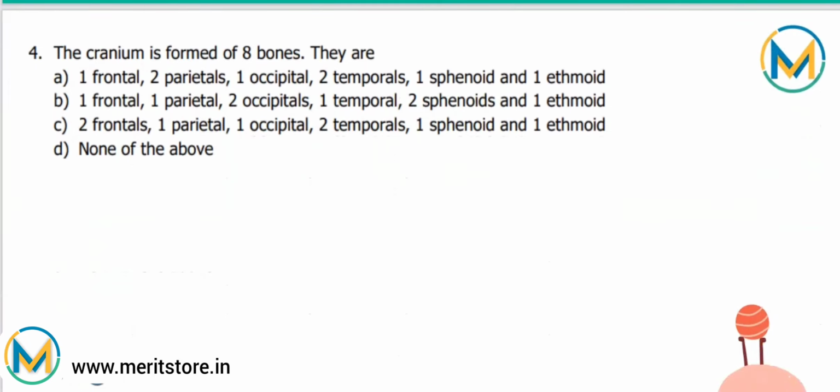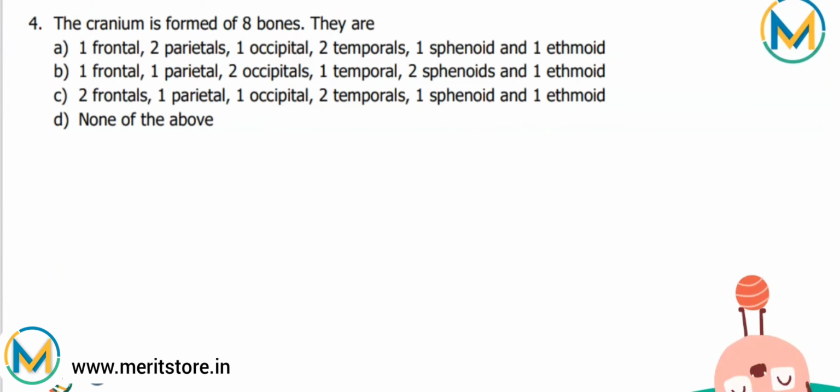Question 4. The cranium is formed of 8 bones. They are.